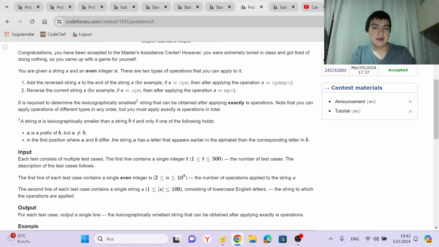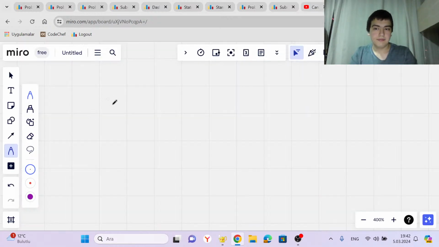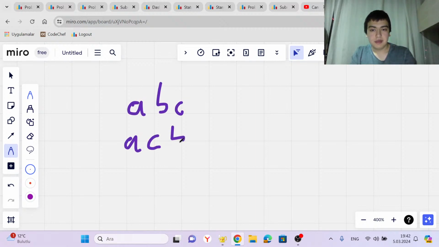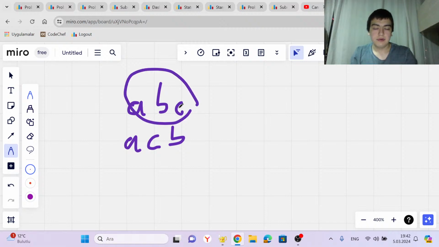This means lexicographically smaller means alphabetically smaller. I mean, if one string is ABC and the other one is ACB, ABC is smaller.